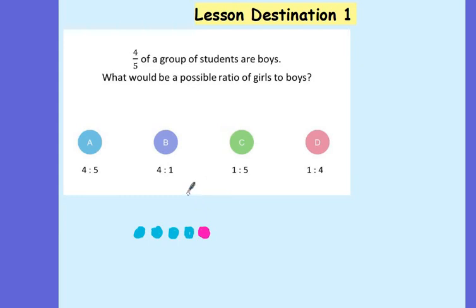So my ratio of girls to boys, read the question, my ratio of girls is 1 to boys is 4. So the answer I was looking for is 1 to 4. If you got that wrong and didn't draw a diagram, learn from it.